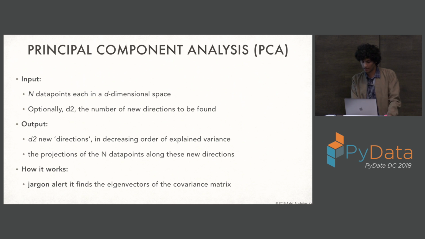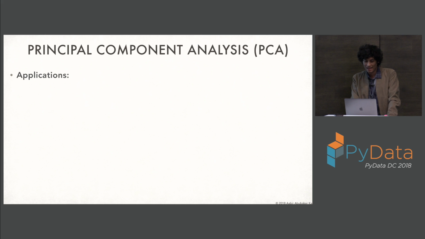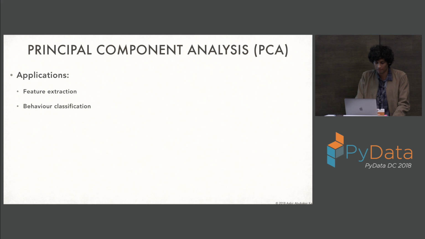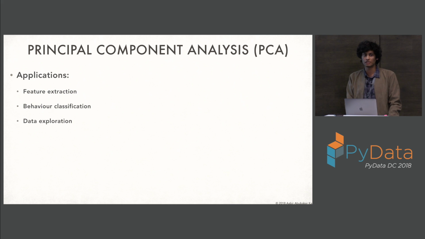So again, we're not going to get into the mathematical implementation, but PCA is also used for a huge number of applications. Like I said, feature extraction, because you want to not have so many numbers to consider. PCA helps you reduce the number of numbers that you have to look at to explain what's happening. Behavior classification again. Data exploration, it's really interesting in general to apply PCA to a data set and to plot it.